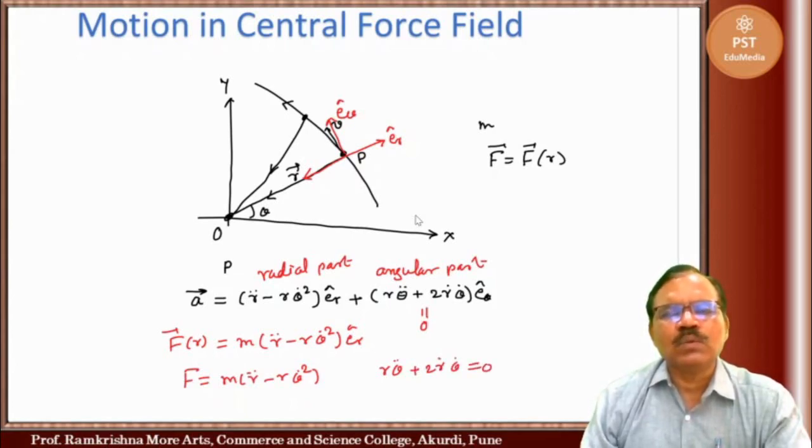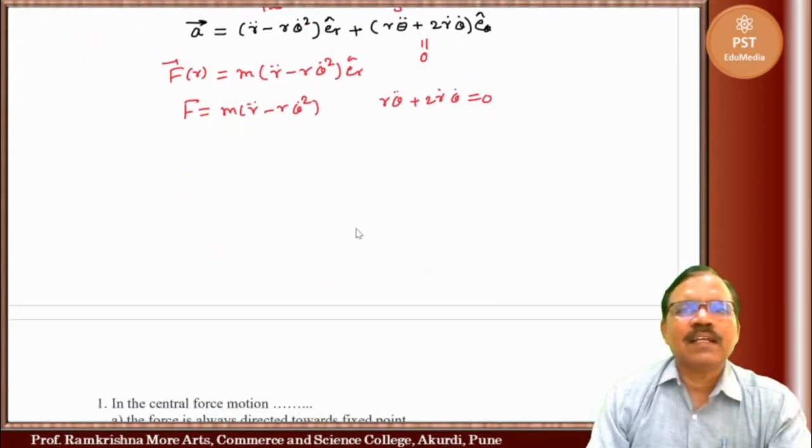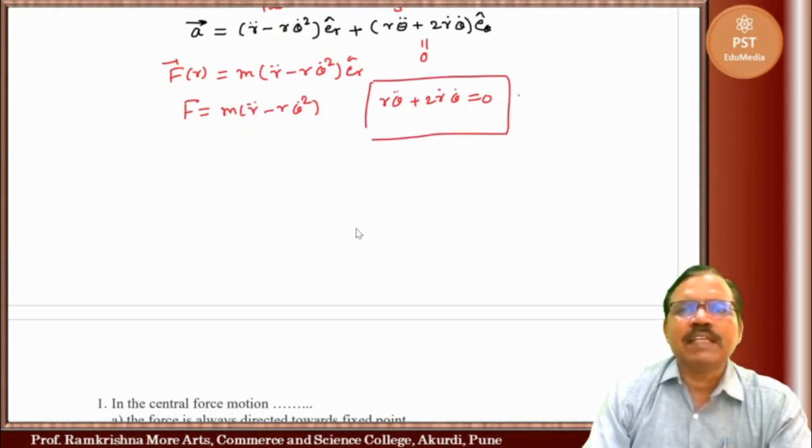And here r theta double dot plus 2 r dot theta dot is equal to 0. Now if we take this equation and multiply it by r, we get r square theta double dot plus 2 r dot into r theta dot, and let us multiply this by mass m, and this is also equal to 0.